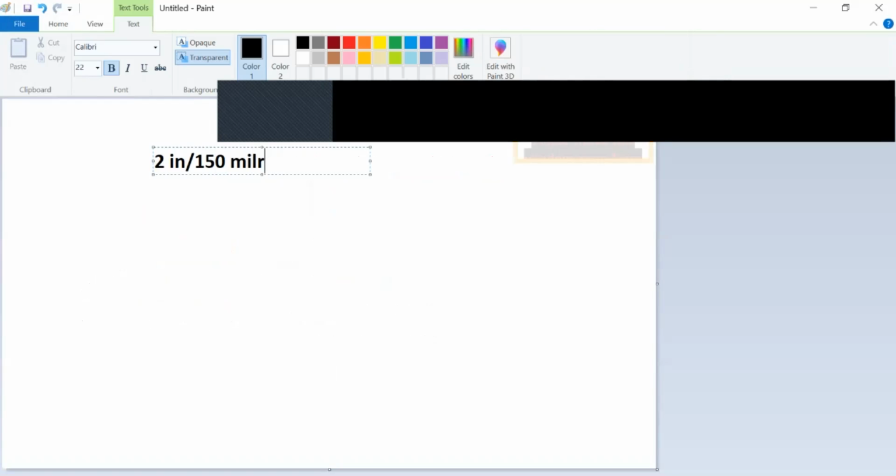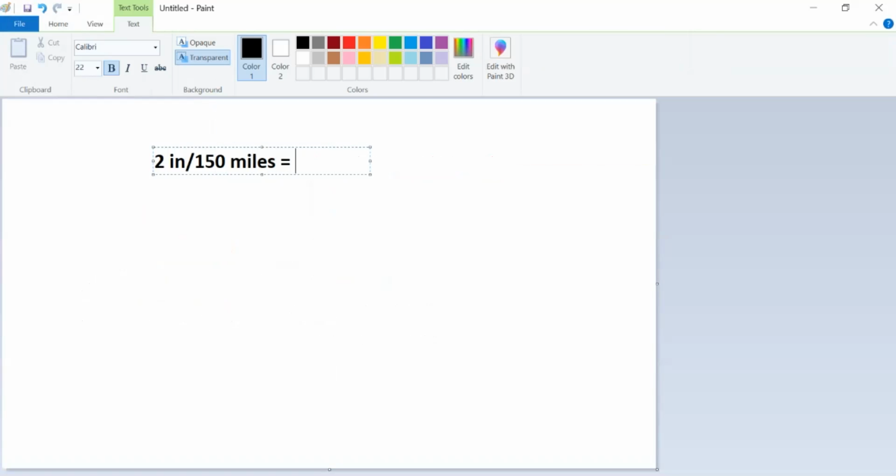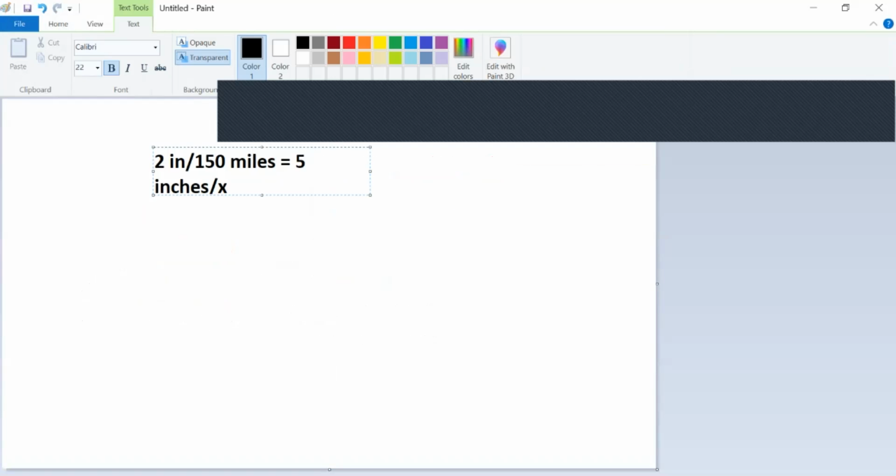That's what this map allows you to do, is equal to 5 inches to x, right? We don't know what x is. How many miles is x? It's a practical problem. If you're looking at a map and the scale, and something was 5 inches long, you'd want to know what that total distance was. This is how you would set it up.